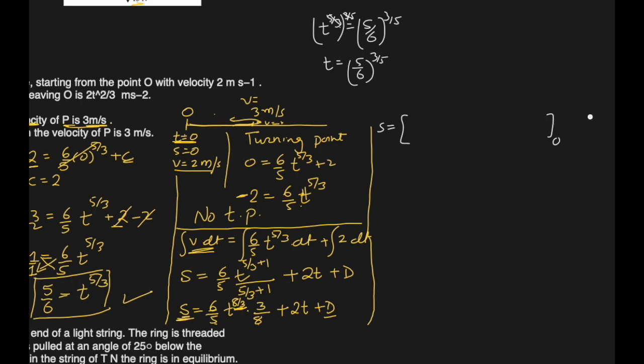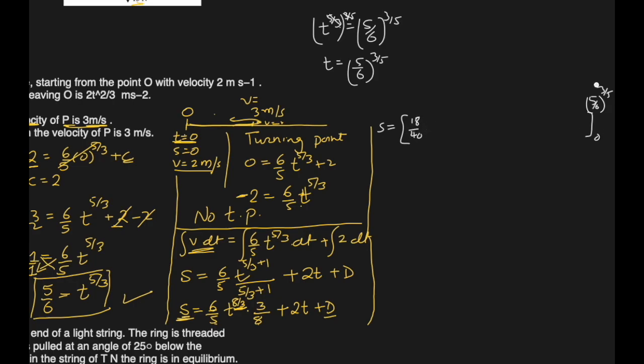Let me make more space here. 0 to 5 over 6 to the power 3/5. Okay, so let's do this. So this was our equation. We'll write it here. 6 times 3, 18 over 40.